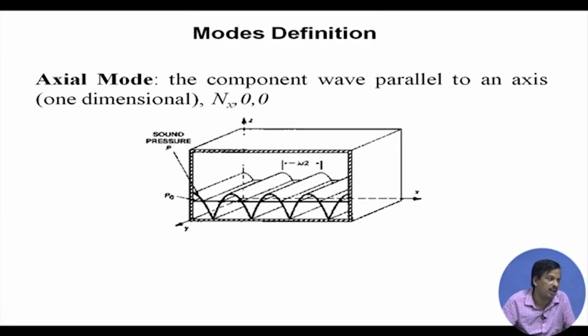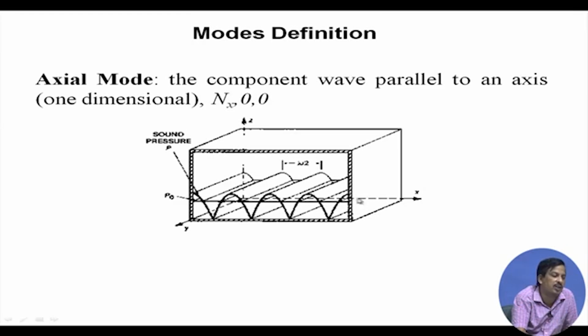Now, I come to the mode definition. Axial mode: the component wave parallel to an axis, in one dimension. Suppose in this room the mode is created parallel to the axis, only the horizontal ground surface, so the mode is created along the x axis only.